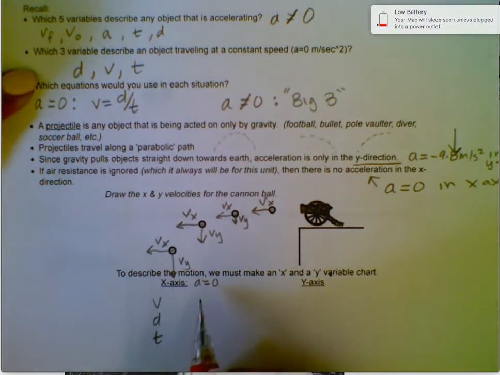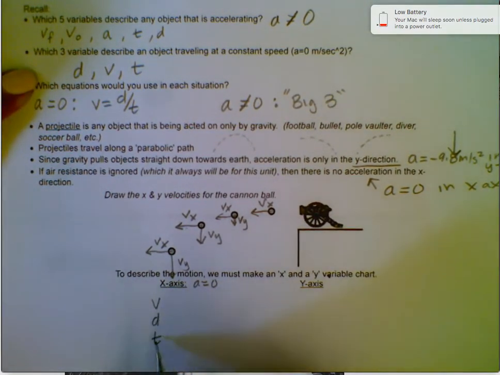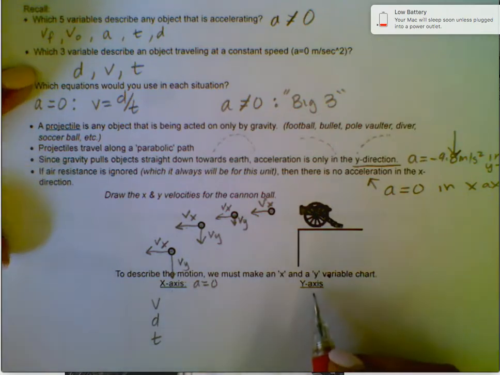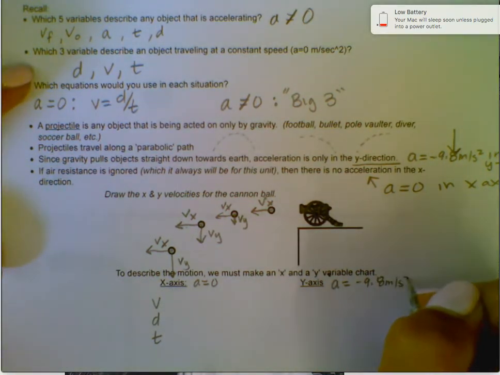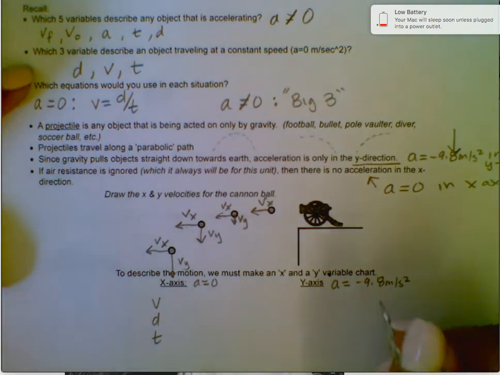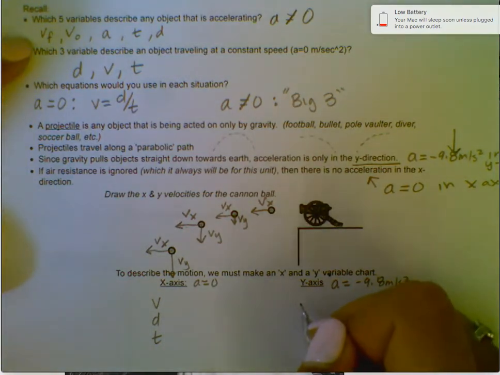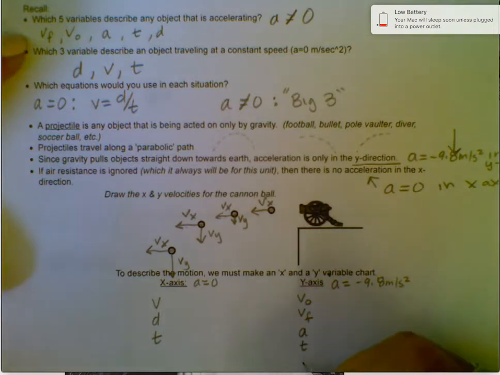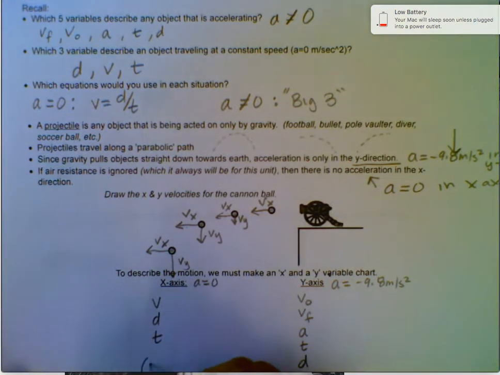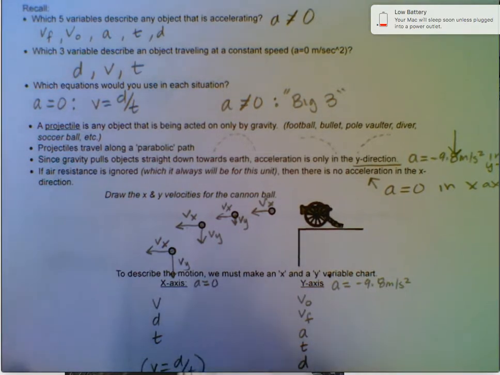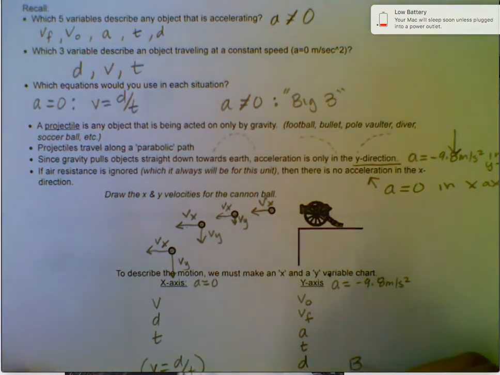So since we have no acceleration in the x, these are the only 3 variables we're going to have. Since we do have acceleration in the y, that means that we're going to have all 5 variables in the y. Okay. This also means that for the x-axis, we only are going to use this equation. And for the y-axis, we're only going to use the big 3.